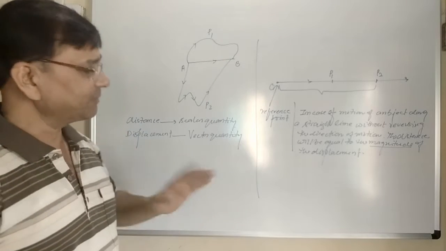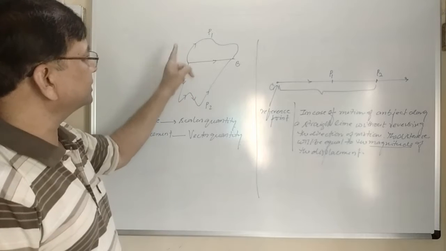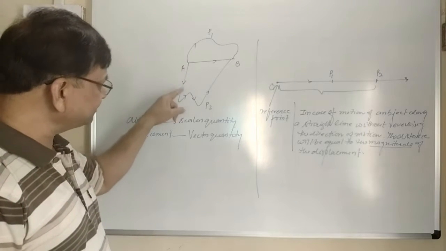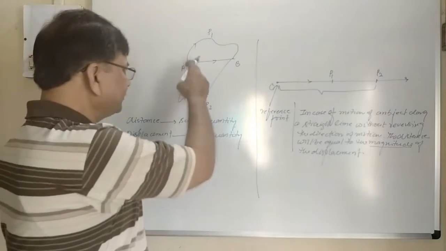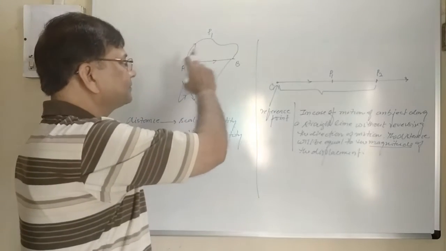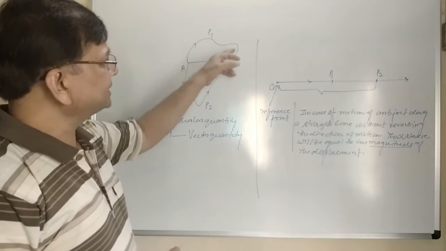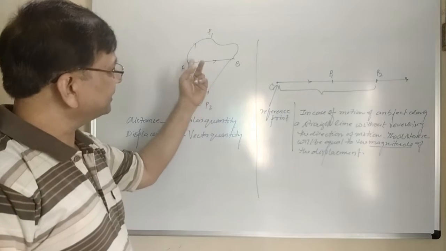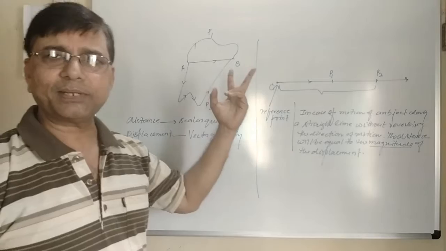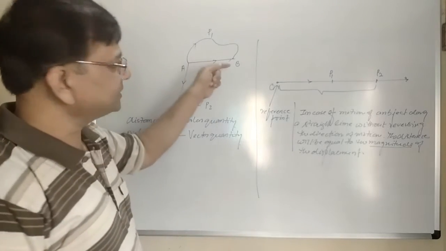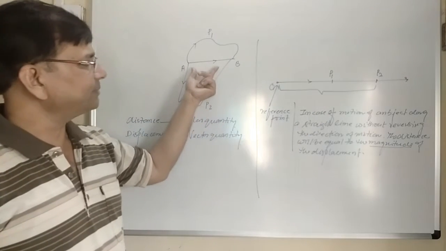But for the path, the length of the path, the direction was this here. For this path, this was the direction. So for distance, the direction is always changing at various points between A and B. But in case of displacement, this length is called the distance, but this length is called the displacement. For displacement, the direction is fixed. In a particular direction one has to go. That is why displacement is a vector.